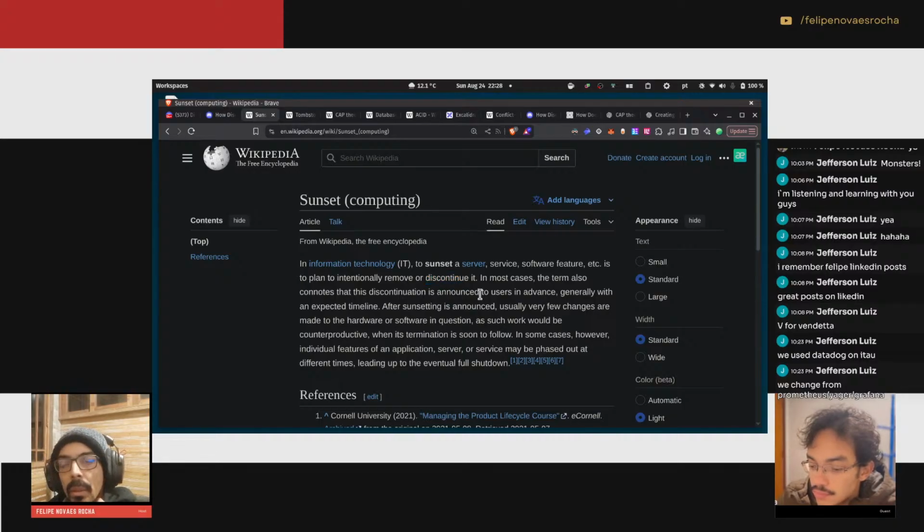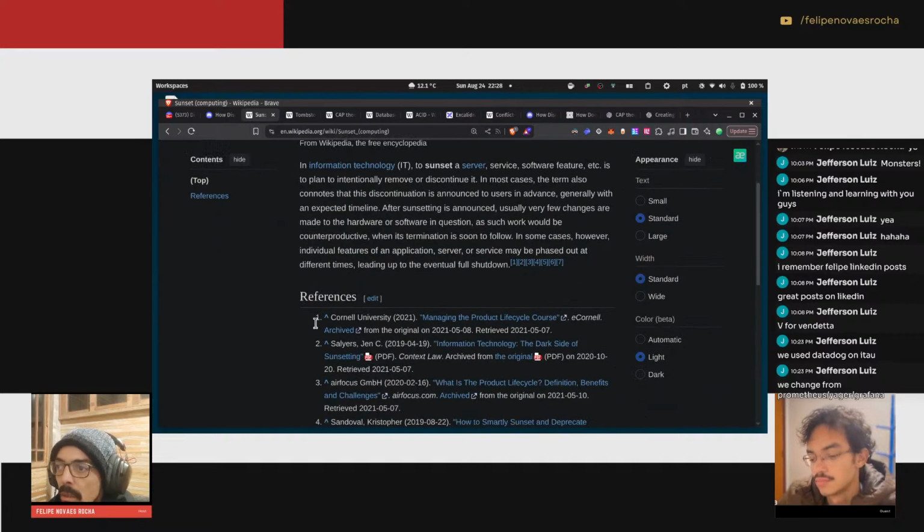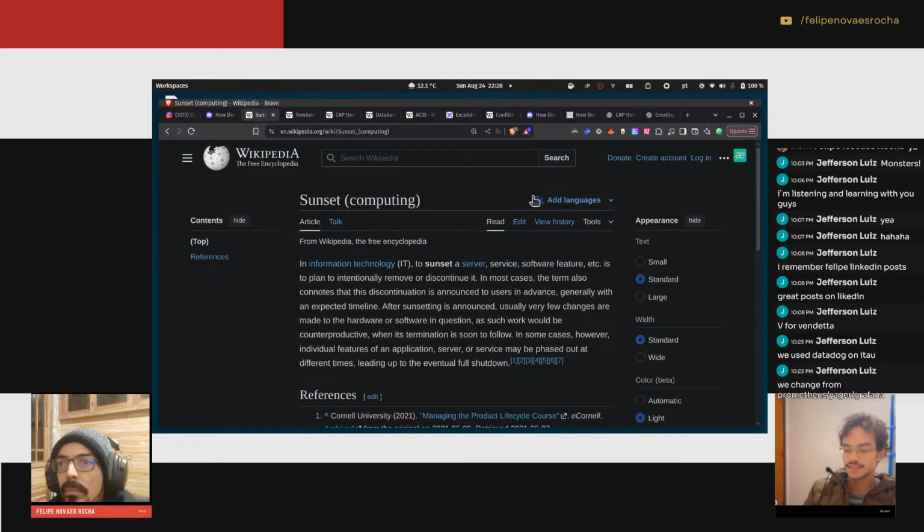I think I first heard it in Web3 or even before. They said we're going to sunset the services, and users have like one year to do the migration. I think sunset is because of the sun: it's slow, so you have time to do things, but you know it's going to happen, like the night will come. Yes, exactly.